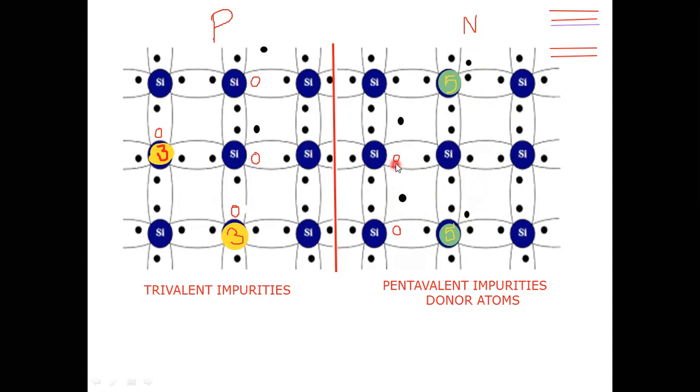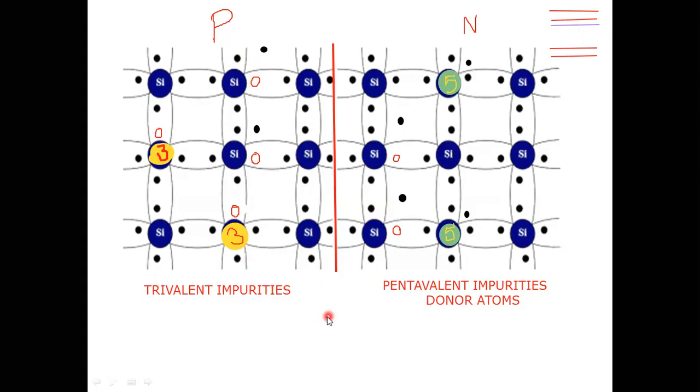And the holes are fewer here. There are 2 holes and 4 electrons. So here electrons are majority charge carriers and holes are minority charge carriers. Actually there are a lot of electrons, and in P-type there are a lot of holes actually. We will come to actual numbers when we solve the problems.